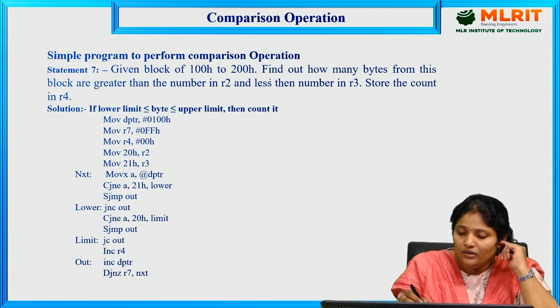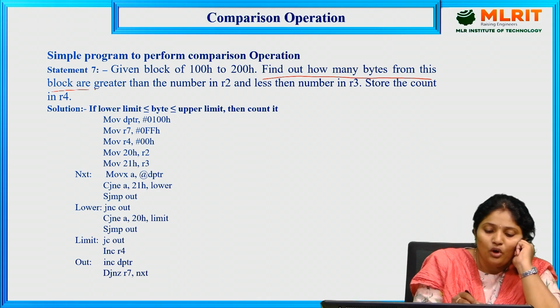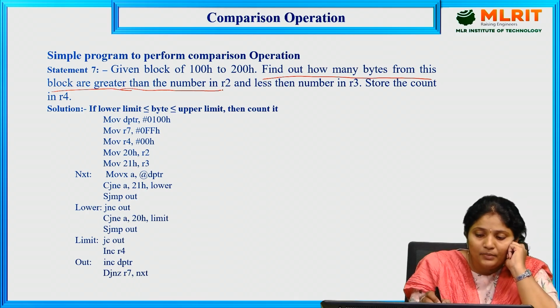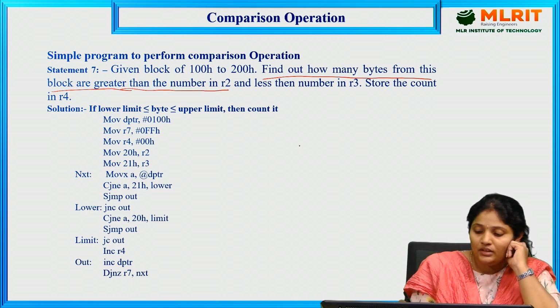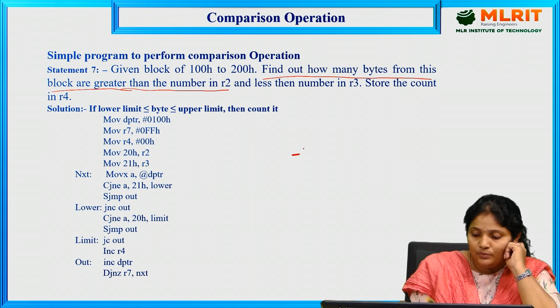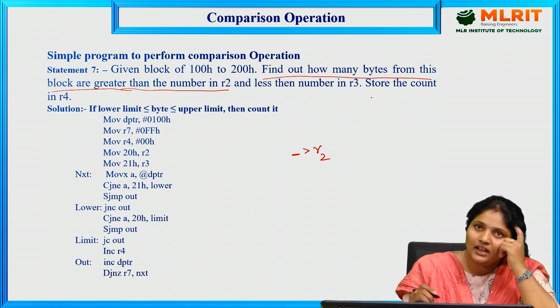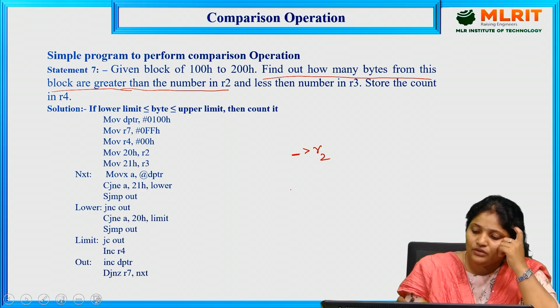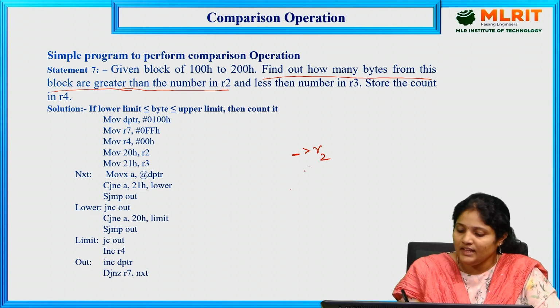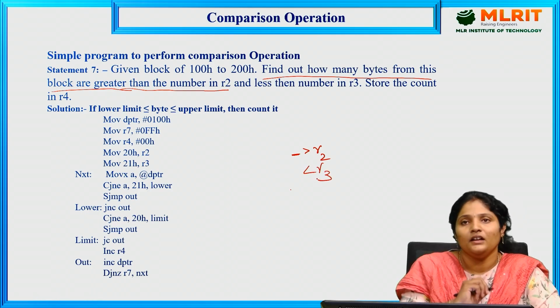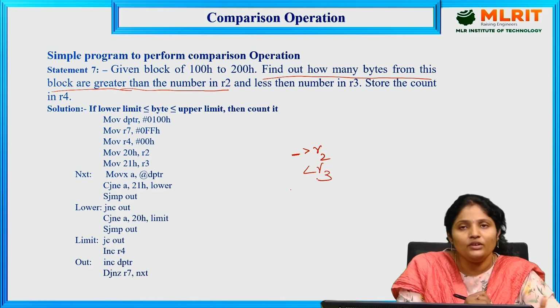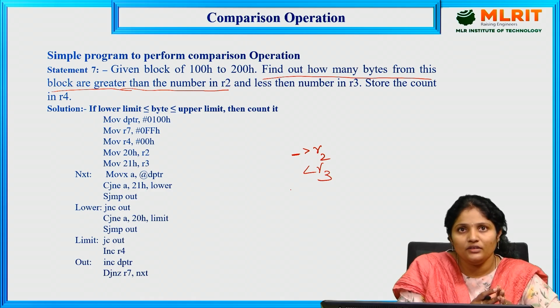Now they are telling us to find out how many bytes from this block are greater than the number in R2 and less than the number in R3. So it should be less than R3, right? Store the count in R4. So we need to find out the range.